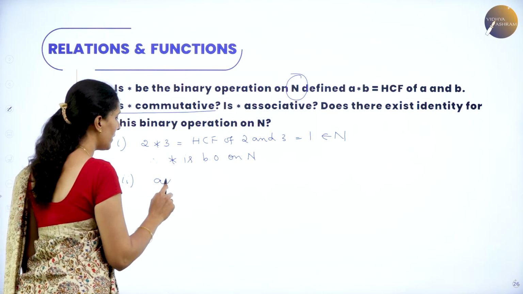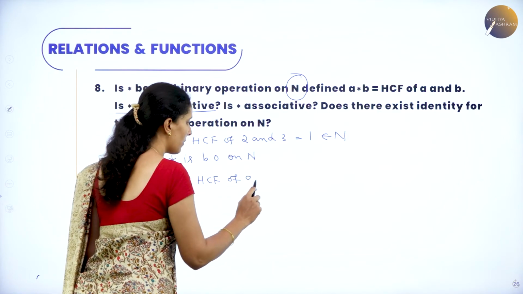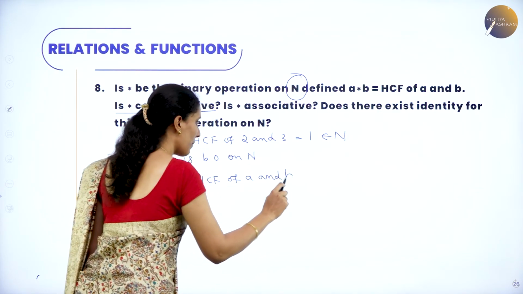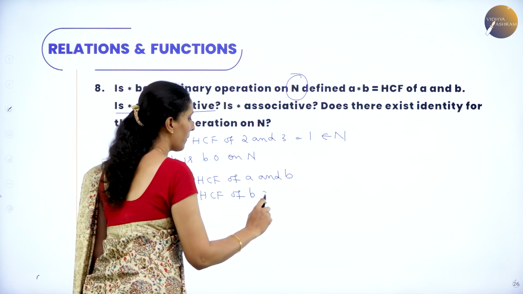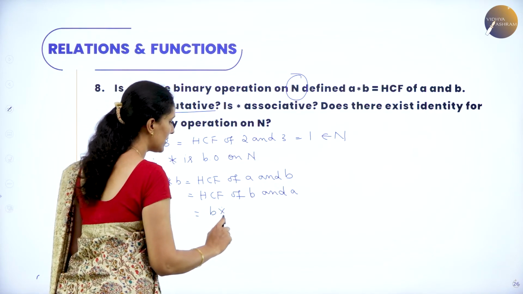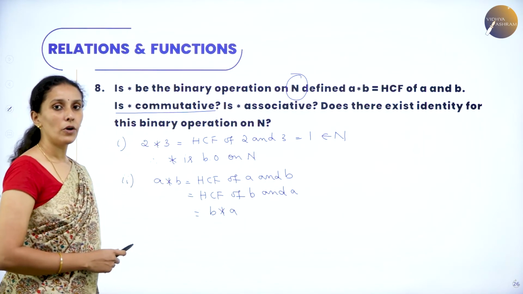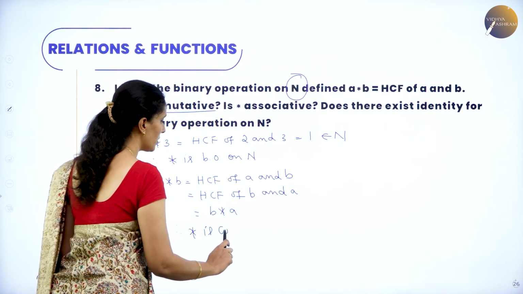So A star B is nothing but HCF of A and B, which is same as HCF of B and A. So therefore, it is nothing but B star A. So A star B is equal to B star A. So therefore, what I can conclude, star is commutative.